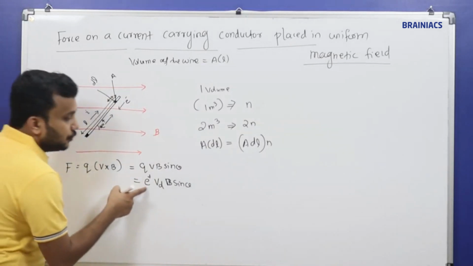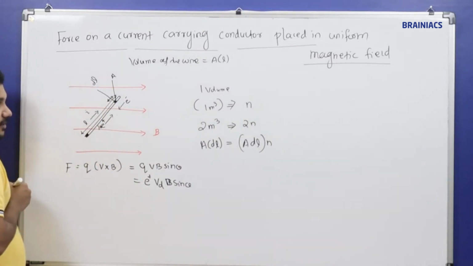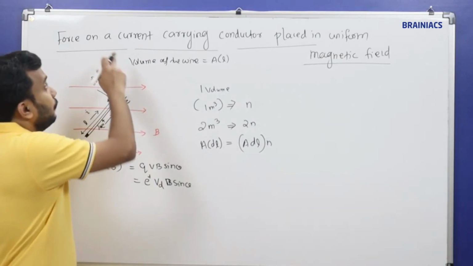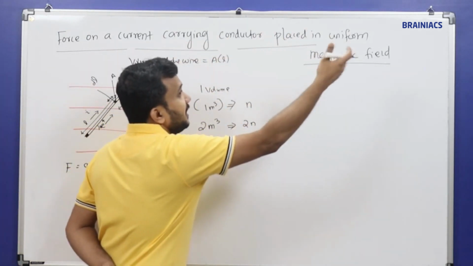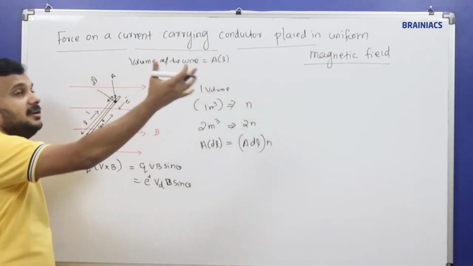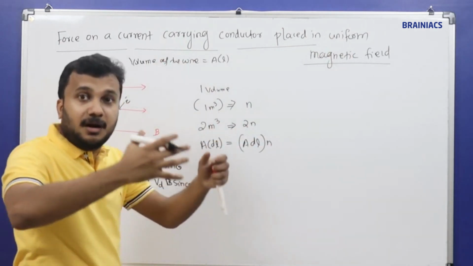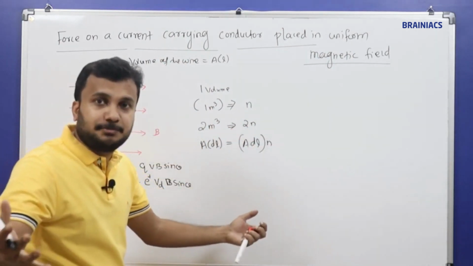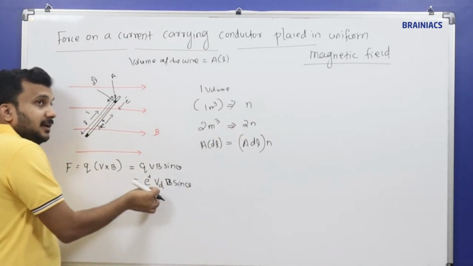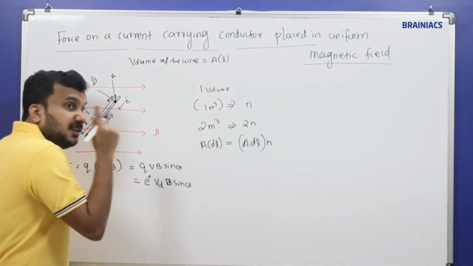So this is the force due to one charged particle. Force on a current carrying conductor placed in a magnetic field means the conductor consists of a large number of positive charged particles, but this is the force given by one charged particle.